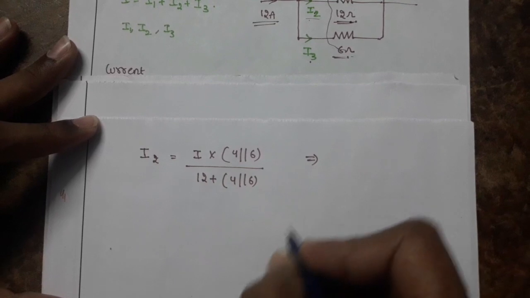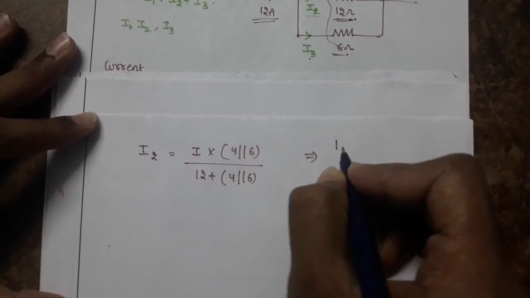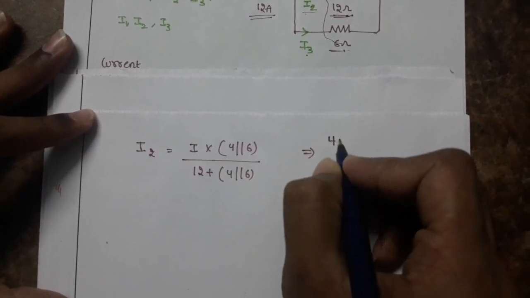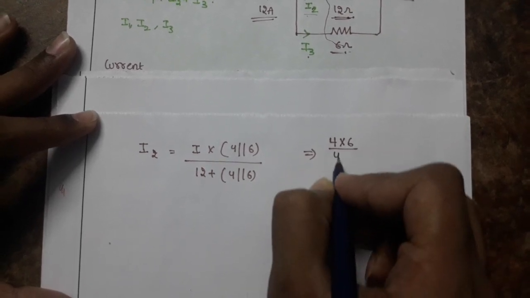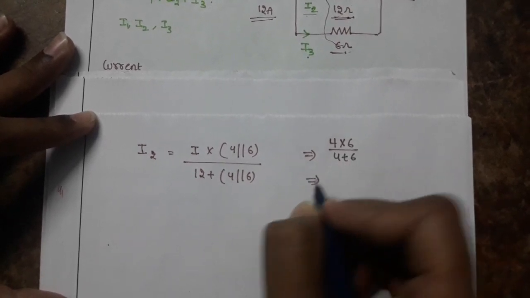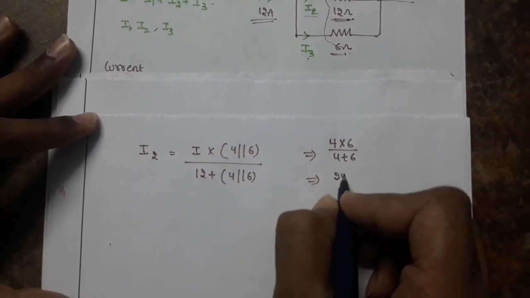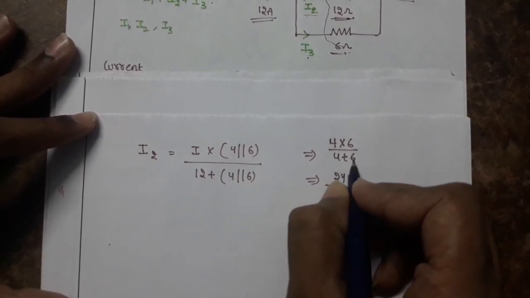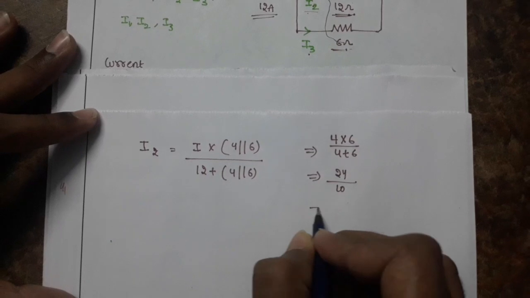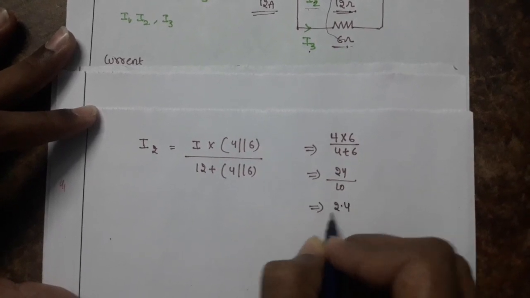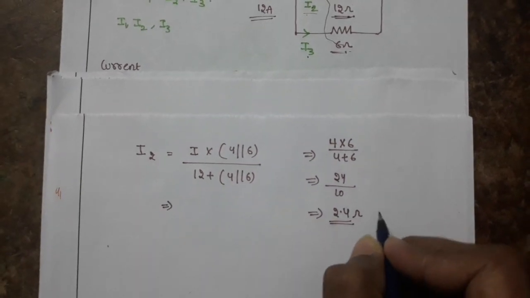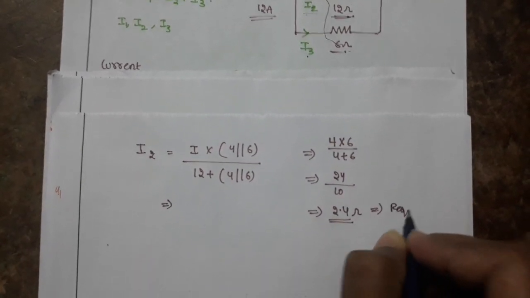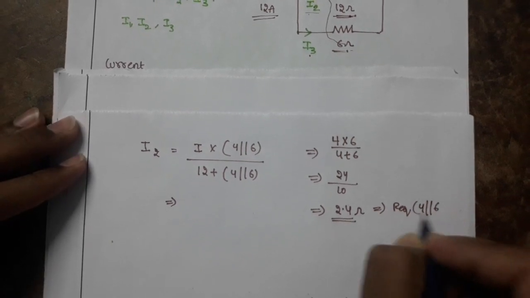I am finding R equivalent of 4 and 6. As they are connected in parallel, R1 R2 by R1 plus R2. Therefore 4 into 6 by 4 plus 6, that is 24 by 10. So we have got 2.4 ohms. This is R equivalent of 4 and 6 in parallel.